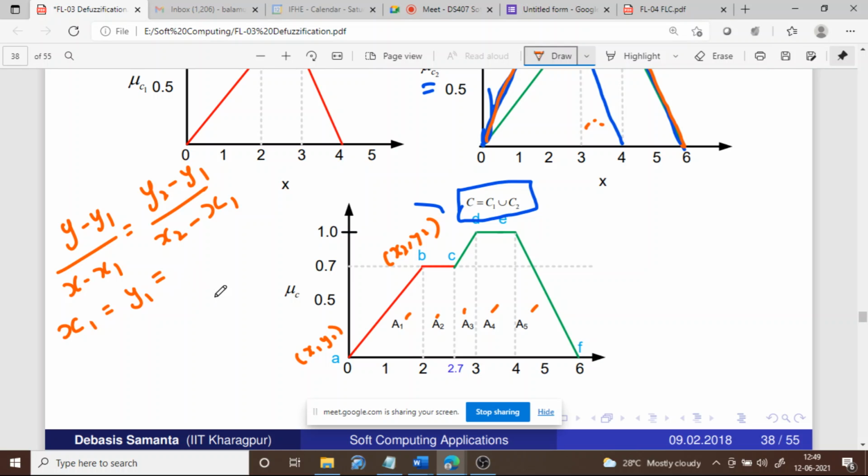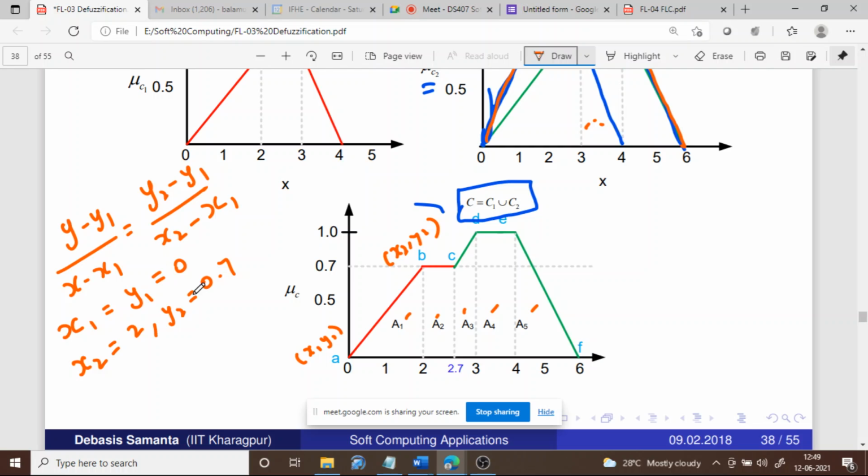Both are 0. What is x2 and what is y2? X2 is 2, and y2 is 0.7.